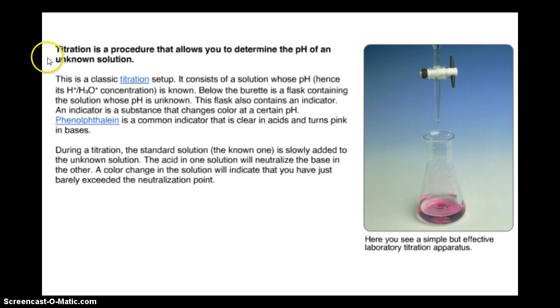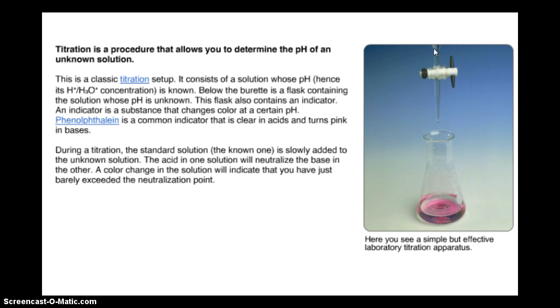Titration is a process that allows you to determine the pH of an unknown solution. This is a classic titration setup. It consists of a solution whose pH, hence its H plus, H3O plus concentration, is known. Below the burette is a flask containing the solution whose pH is unknown. All right, so this is the burette. I'm kind of sad they didn't show you the whole thing. It's this long tube.